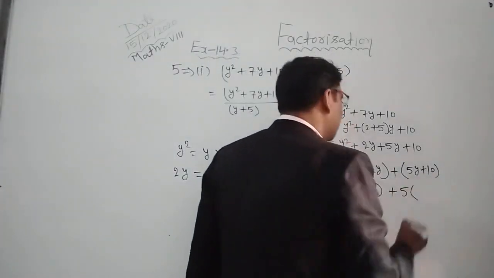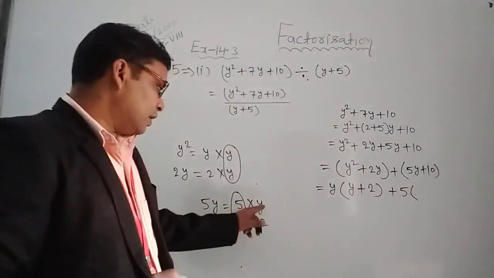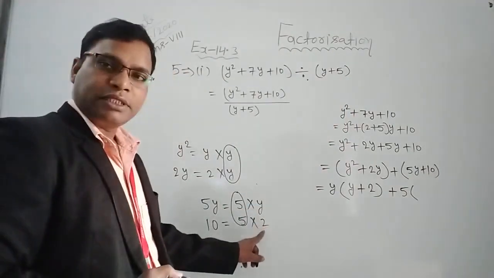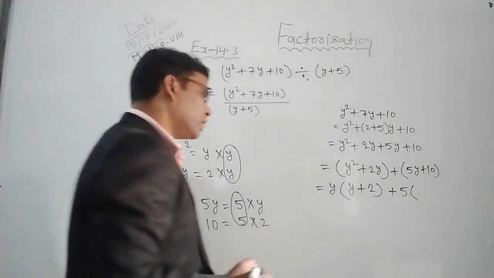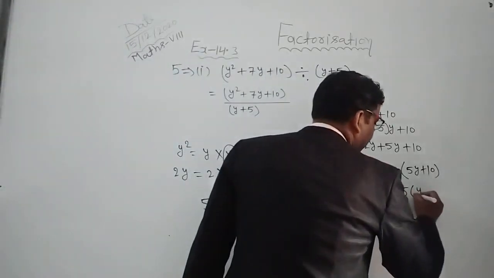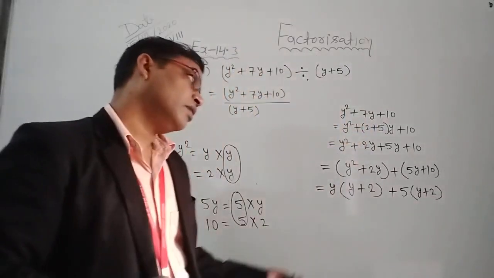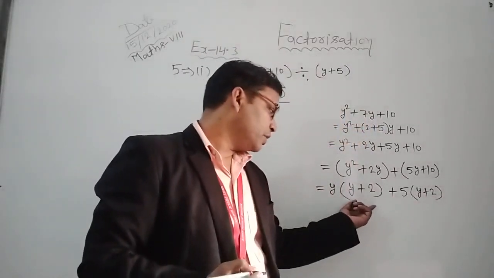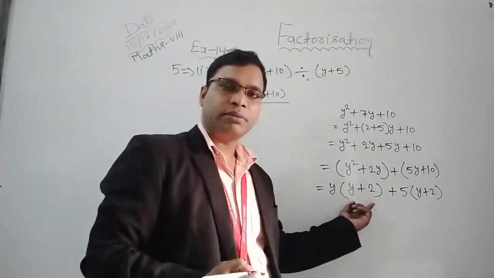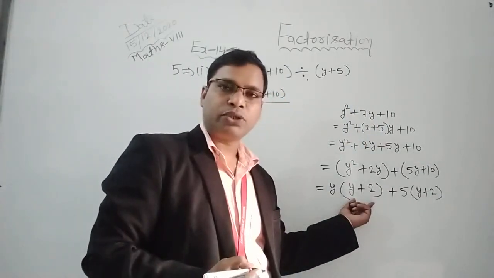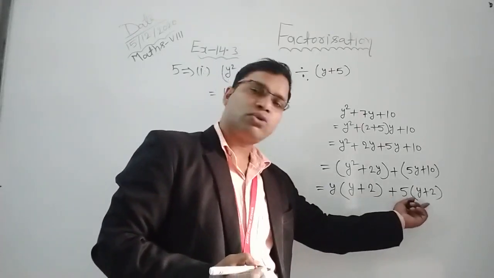After taking common 5, in the first term of the second group we are left with y, in the second term of the second group we are left with 2. So you can write here y plus 2. Clear? Now here you can see y plus 2 becomes the first term and this becomes the second term.